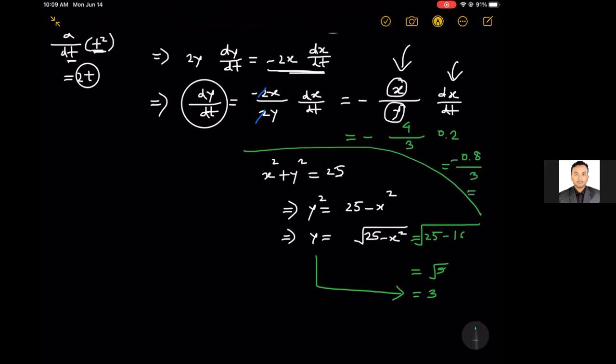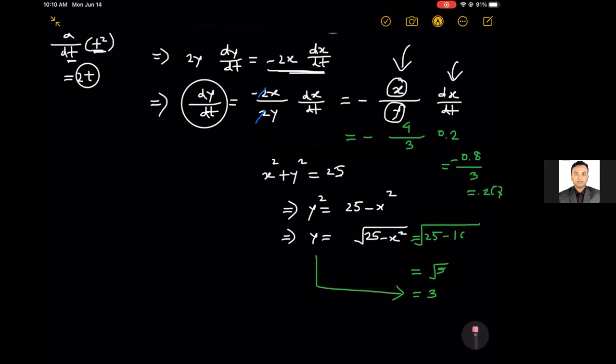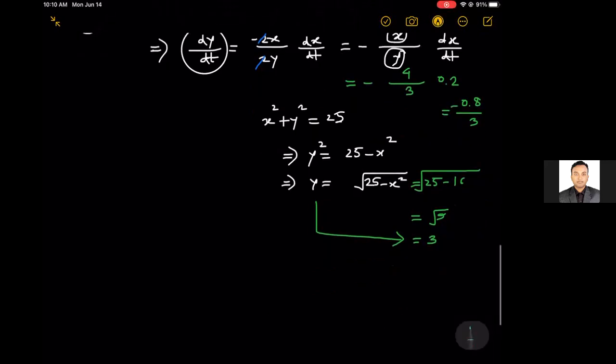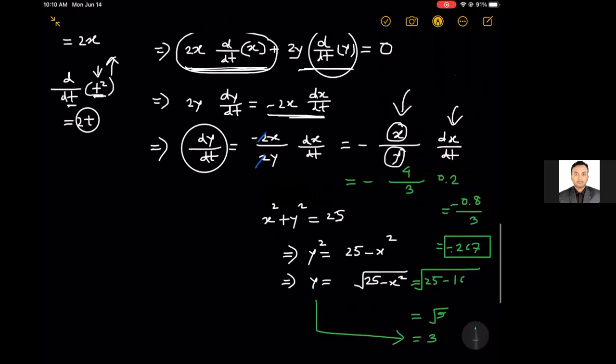And if I simplify it further, I'll get negative 0.267 centimeter per second. Okay, so this is my answer.